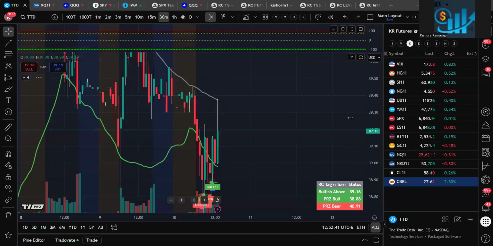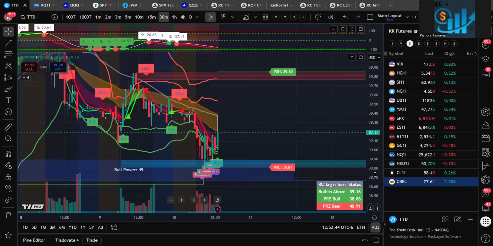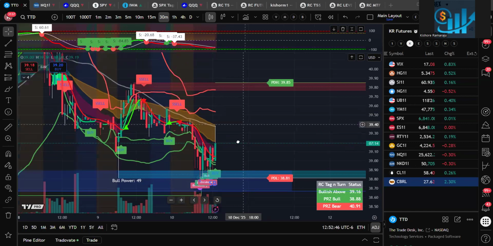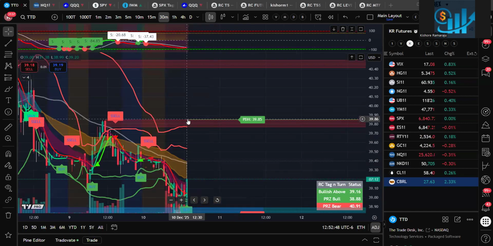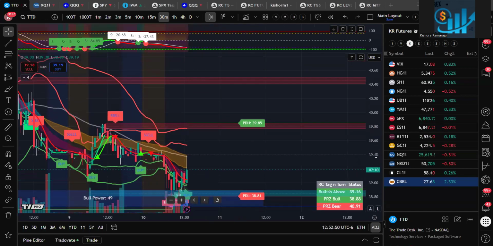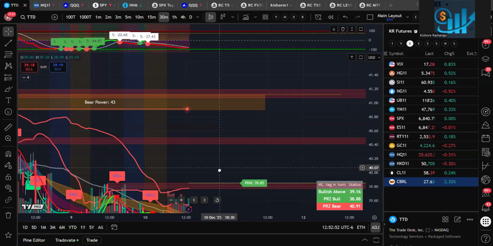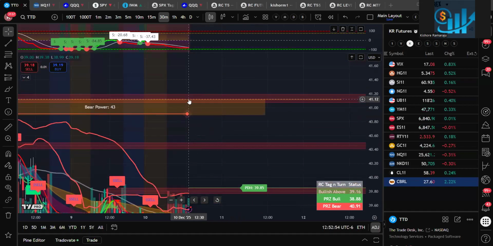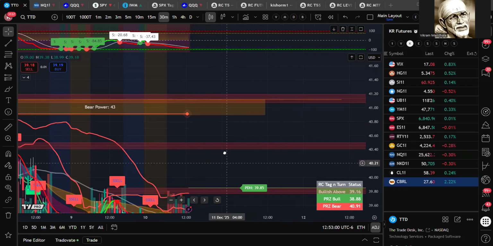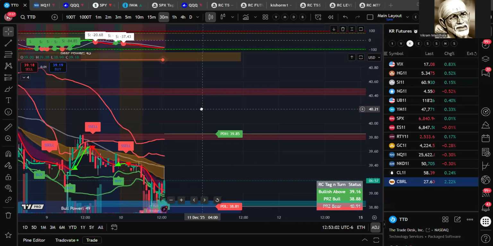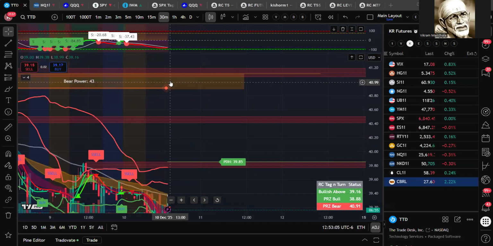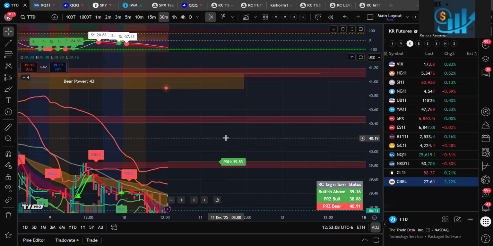Now you are at a support. If it breaks 39, then 40.4 is the target. It can go to 41.2 before we'll see a bearish turn again. Okay, that's good. I have almost 700 stocks, actually, at 120. Yeah, it should go all the way to 41.